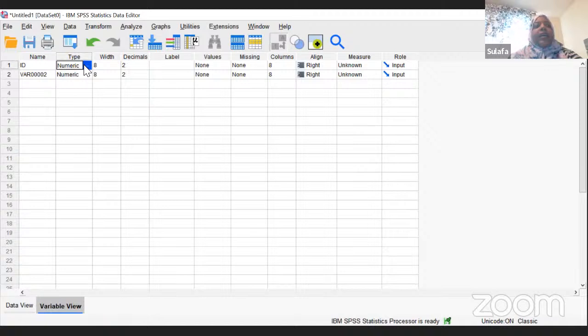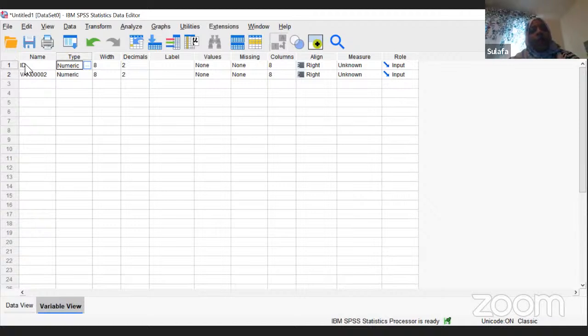As we know, ID is not actually a numeric or continuous variable. ID is to label a person or a subject with a number for labeling, not a continuous or numeric variable that we can add or subtract.